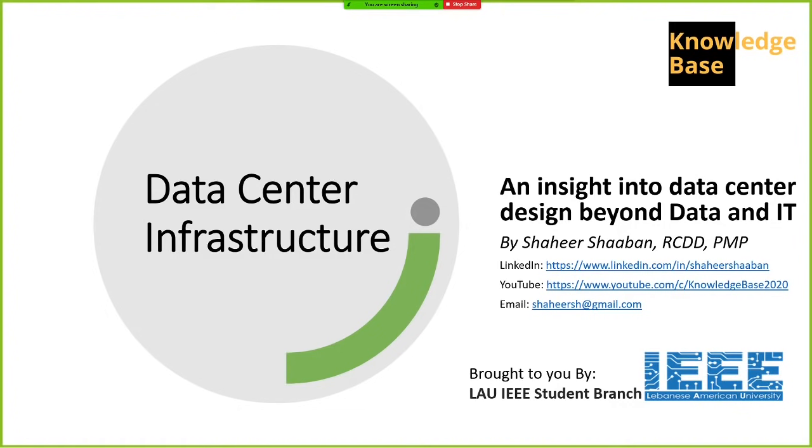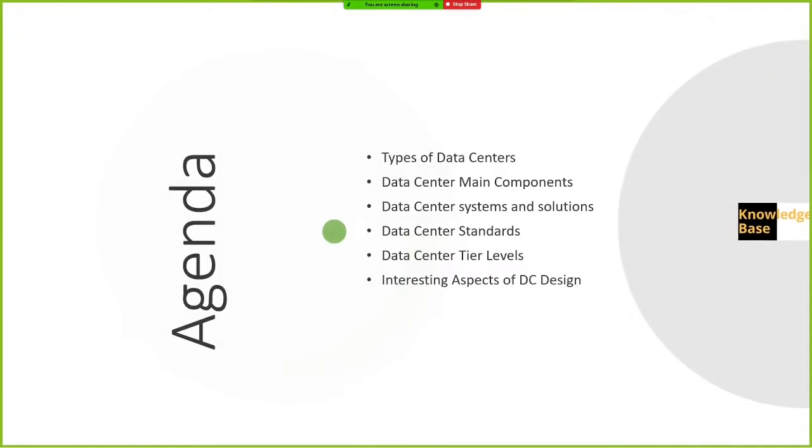So for today, we will be talking mainly about data center types at the beginning. So we'll discuss different types of data centers. We'll talk about the main components in a data center and the systems and solutions in the data centers. And then we'll touch a little bit on the standards, just to see what are the standards related to the data center.